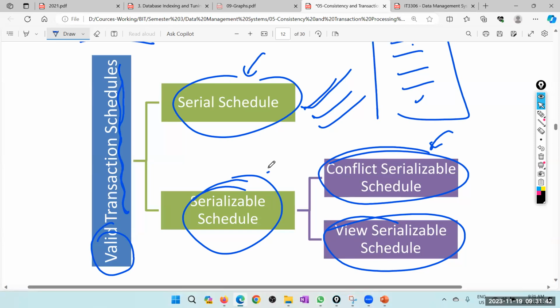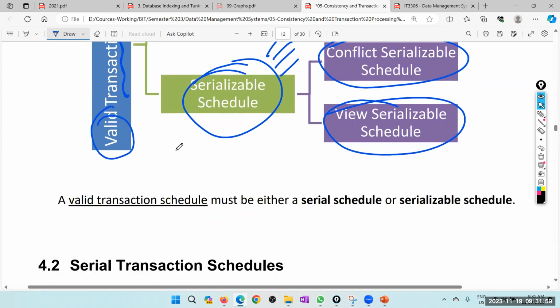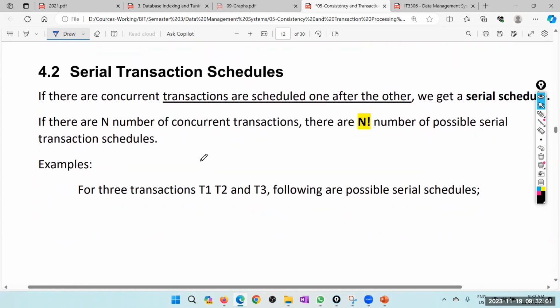Serializable schedules are more complicated, valid, and more efficient. So first, look at the valid and simple, but not that efficient approach. Right. So serial schedule, or serial transaction schedule.